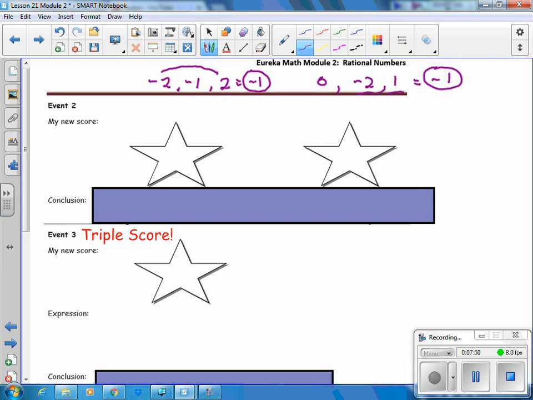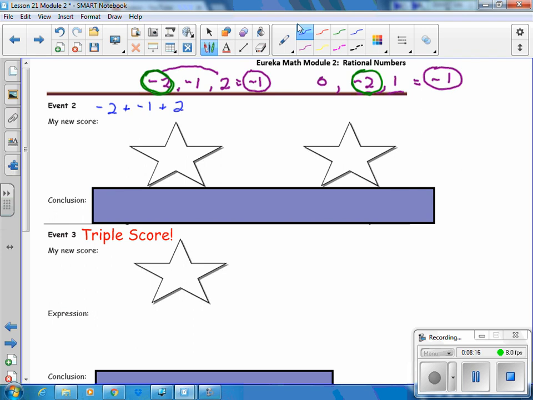Your scores are tied. So now instead of giving you a card, we're going to remove a card. So I'm going to say, let's remove the -2 from both of your hands and see how that affects your score. So let's write down the expression, -2 plus -1 plus 2. Now, those are the cards you already have.